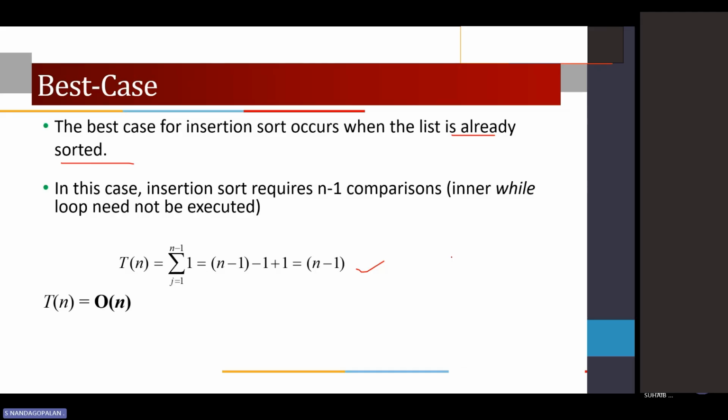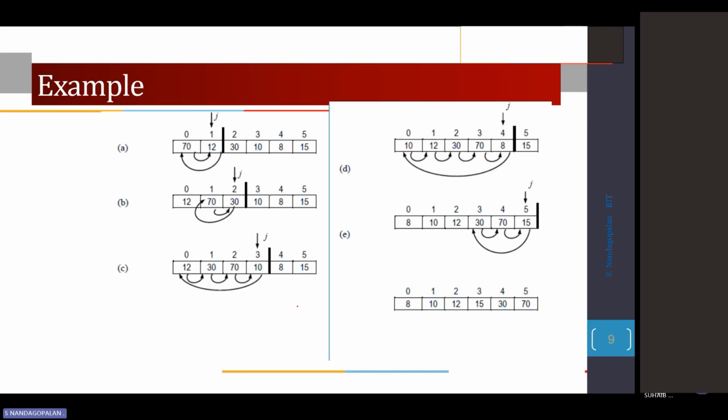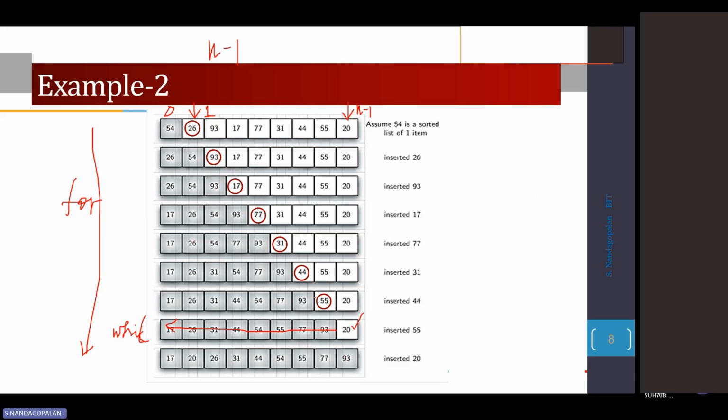What is the average case? What is the meaning of average case? This element key, sometimes it may get a place here for insertion, and sometimes you may have to go all the way through to get a position. So when I take the ith element, there is an equal probability of it being inserted at any of these positions.